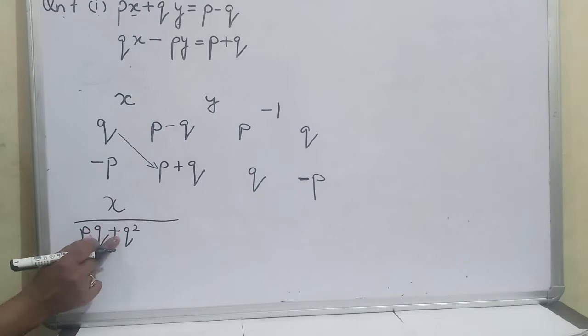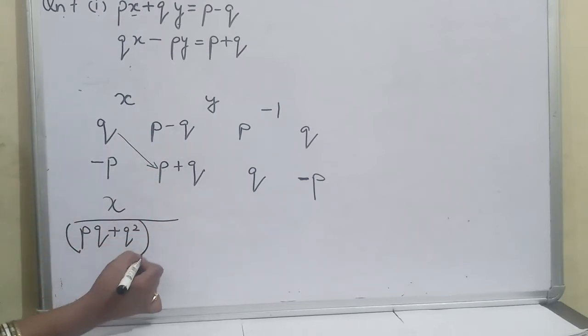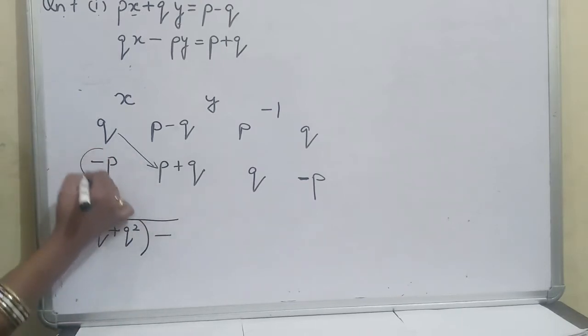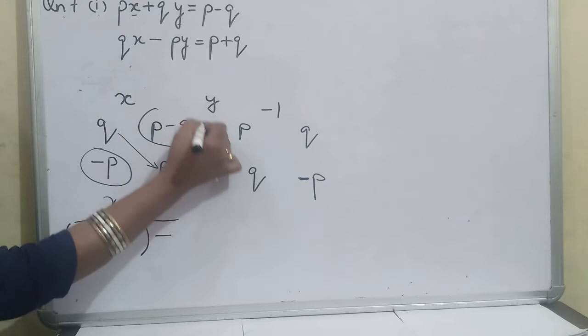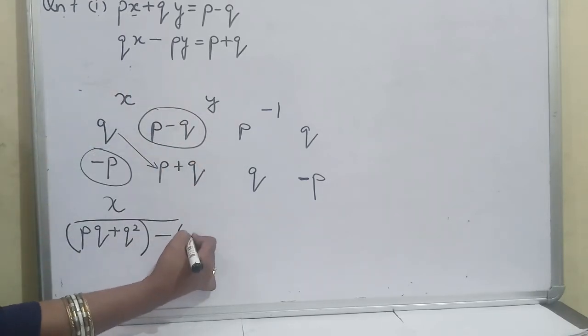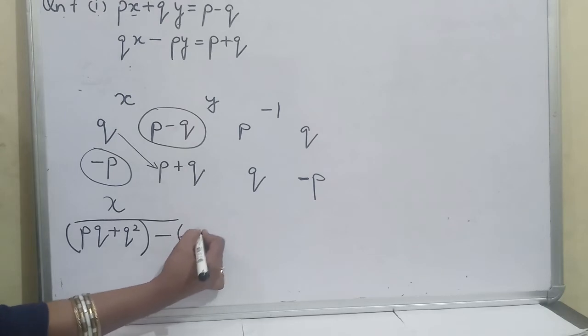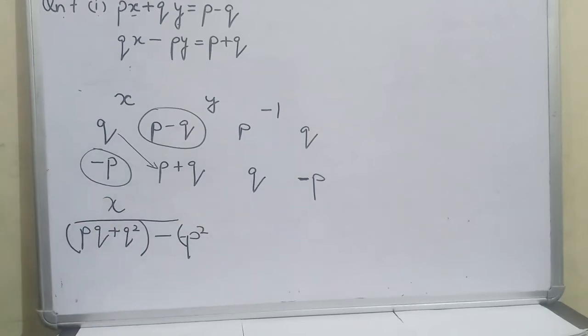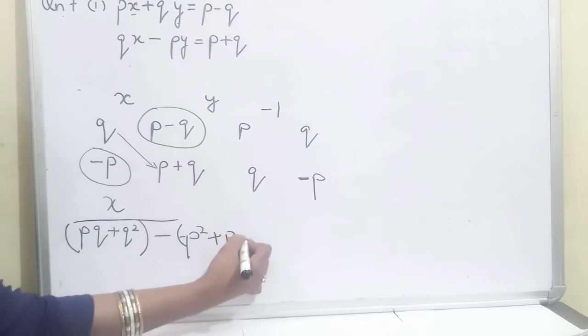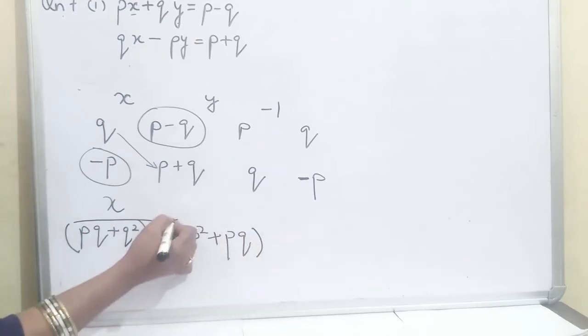And we have to apply a minus sign here. Now multiply this minus p with p minus q. What do I get? Minus p square, minus minus plus pq.